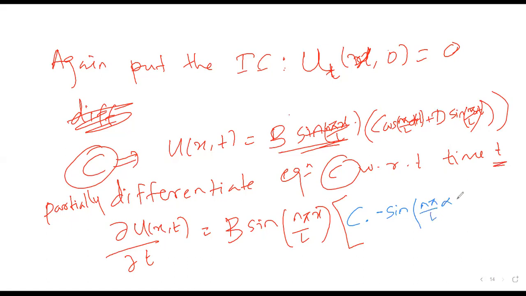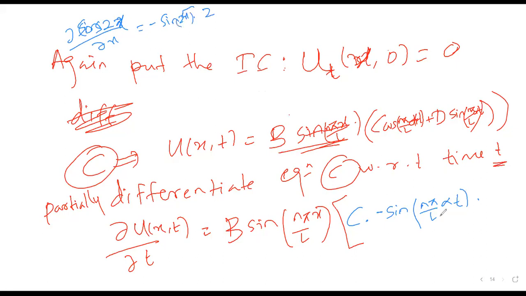This is just a partial differentiation. It's like this: sine 2x, differentiated with respect to x, the derivative of cos will be minus sine 2x times 2, so you have to differentiate the inside function also.